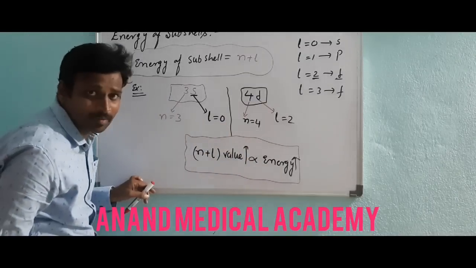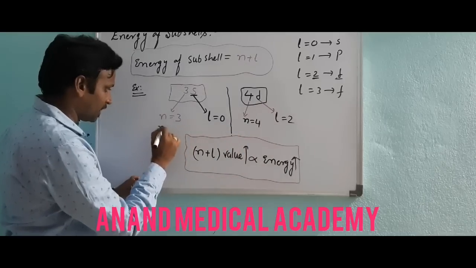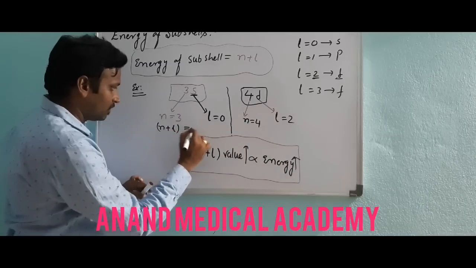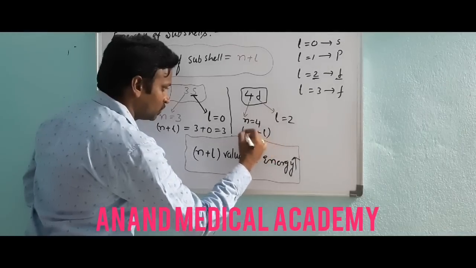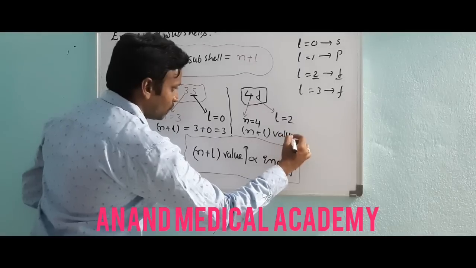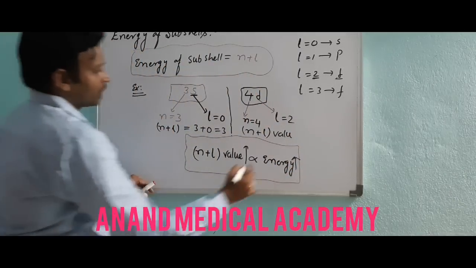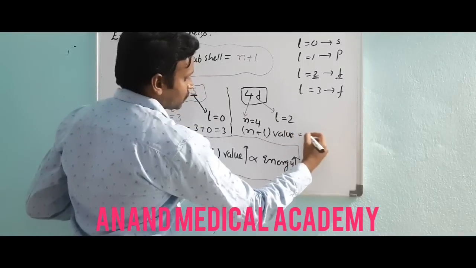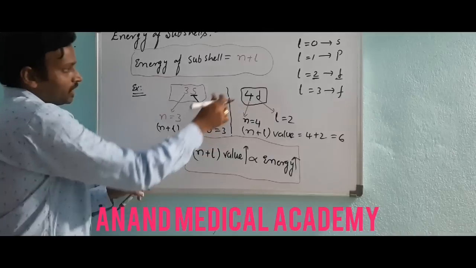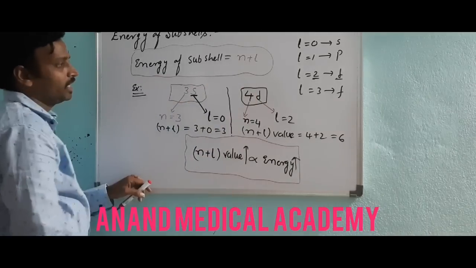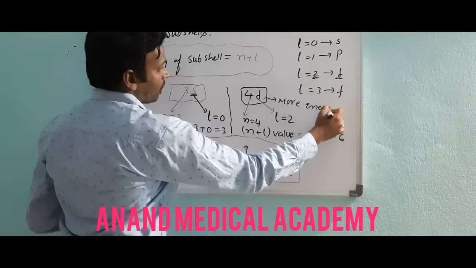So for 3s, n plus l is 3 plus 0, that is 3. For 4d, n plus l is 4 plus 2, that is 6. Certainly 4d has more energy.